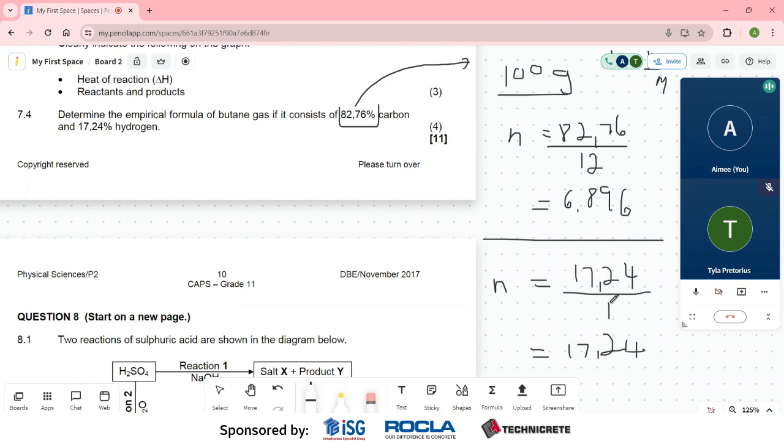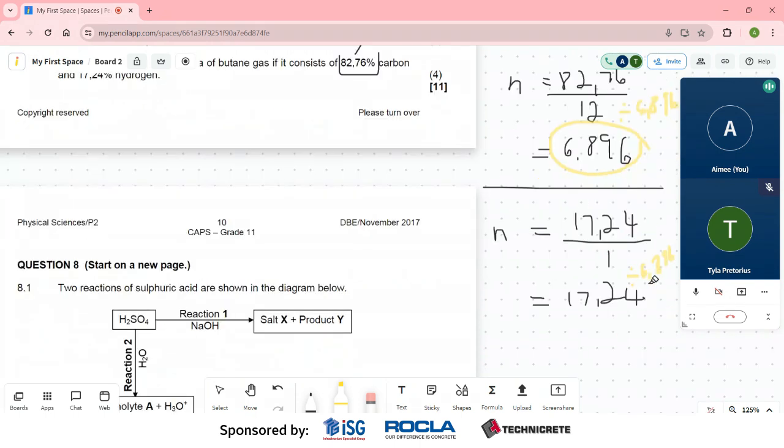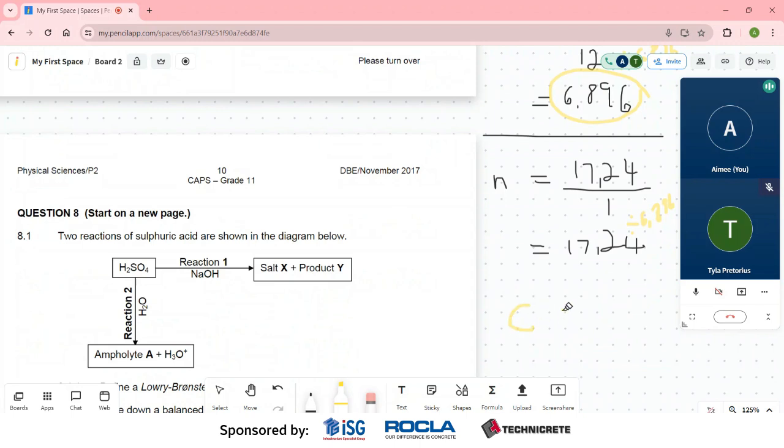17.24 moles. Now, to get a ratio, we need to take our smallest number, which is this one, and we divide both values by our smallest number. So we divide by 6.896, divide by 6.896, and that's going to give us a ratio of carbon to hydrogen.